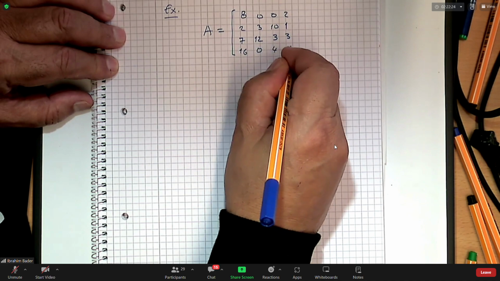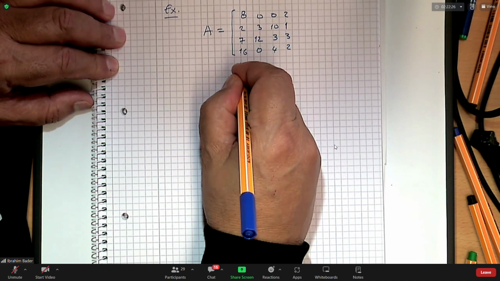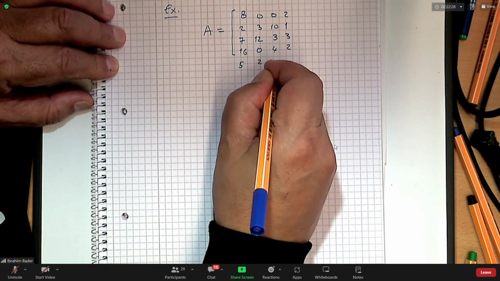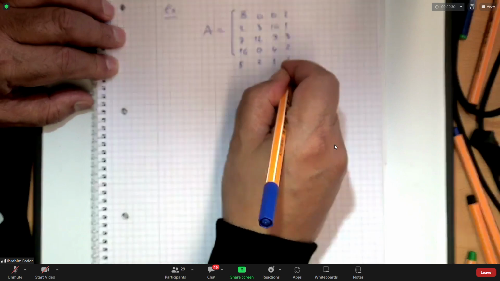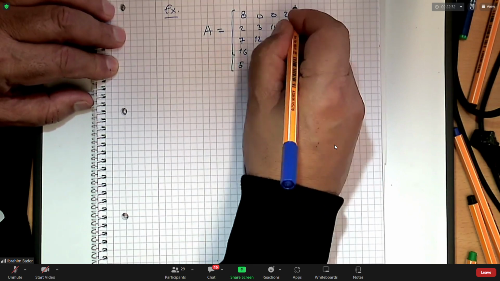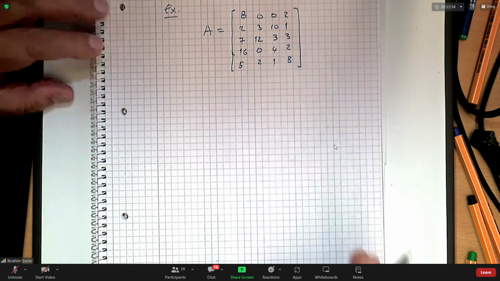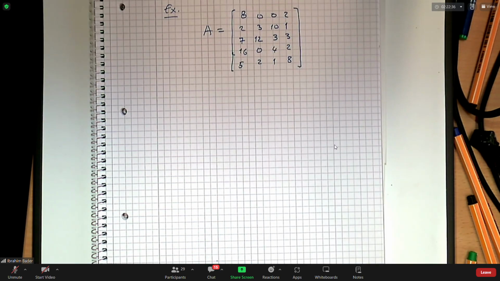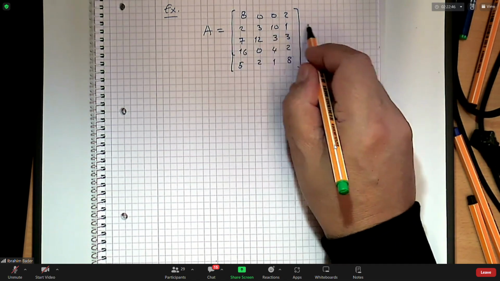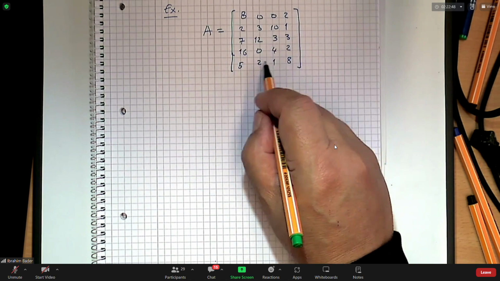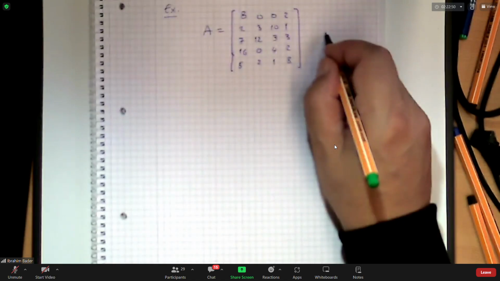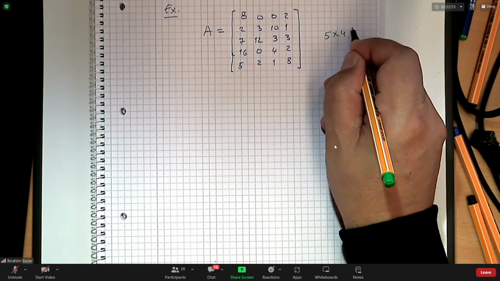First question: what is the dimension of this matrix? 5 by 4 or 4 by 5? So count the rows: 1, 2, 3, 4, 5. It's a 5 by 4 matrix.